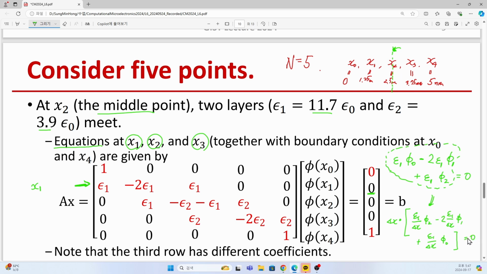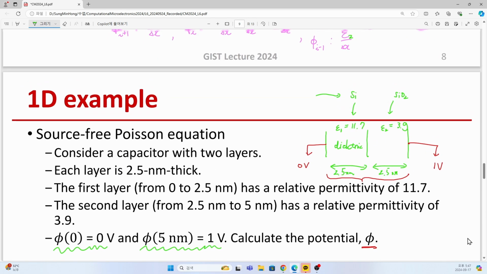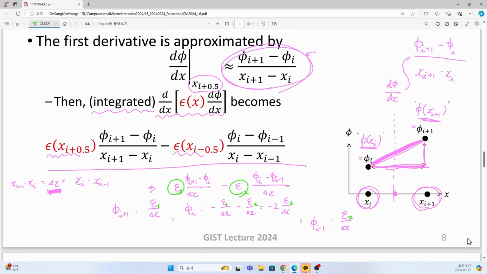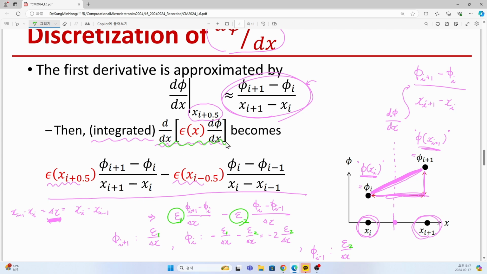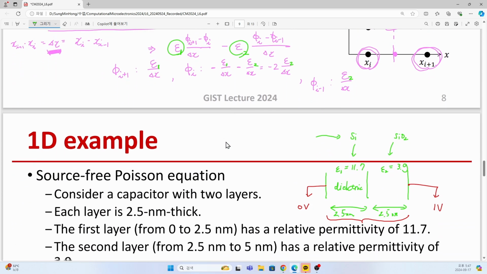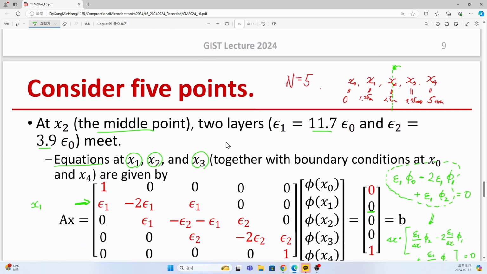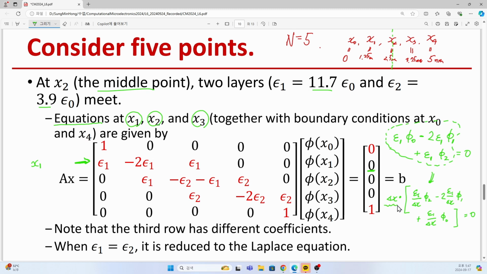What is it? It is nothing but the integrated second order derivative when permittivity is identical between material 1 and material 2. Of course this delta x is a positive number, so multiplying this positive number to the left and right side doesn't make any difference, so this corresponds to this equation.